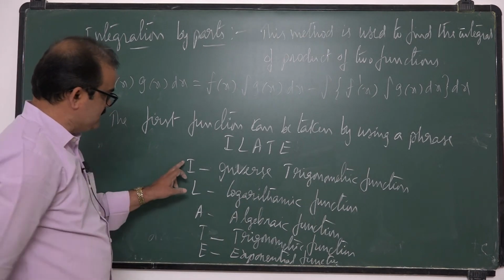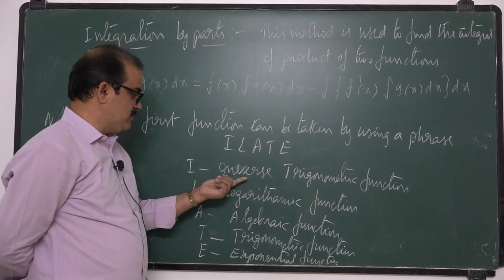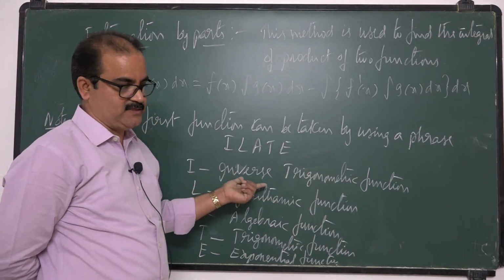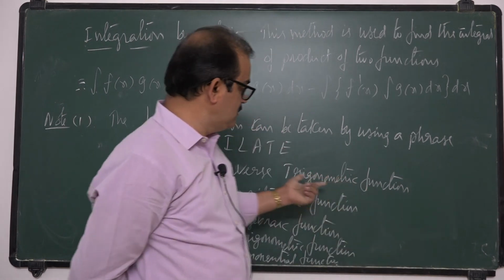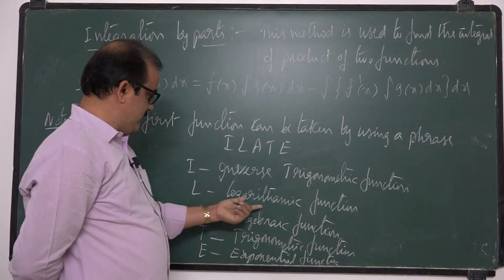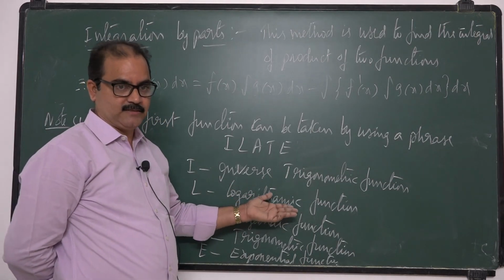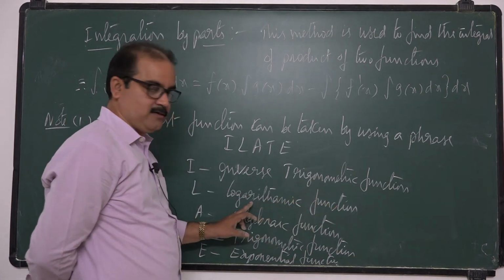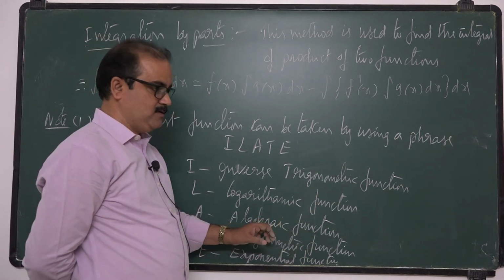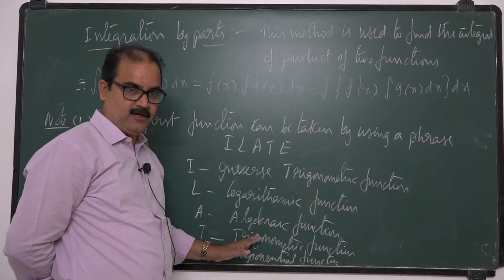Now I am explaining each function clearly here. What is meant by inverse trigonometric functions? Sin inverse x, cos inverse x, tan inverse x, all these are called inverse trigonometric functions. Next, logarithmic functions: log x, log 2x, log 3x. Next, algebraic functions: x, x square, x cube.